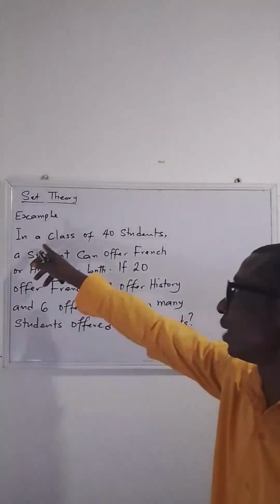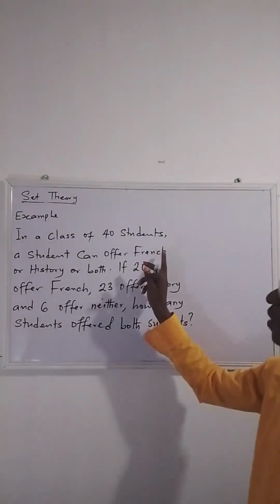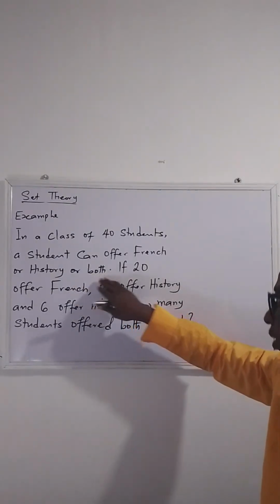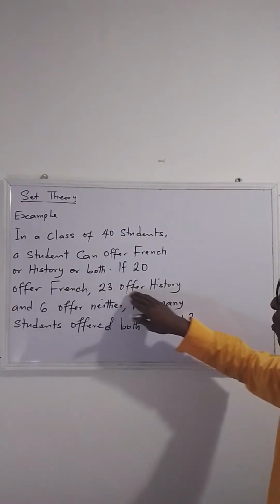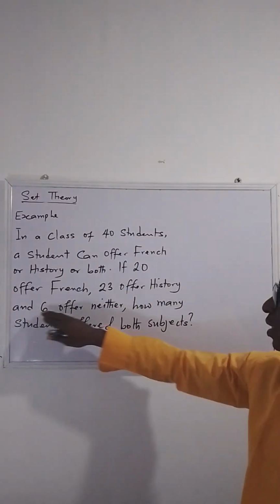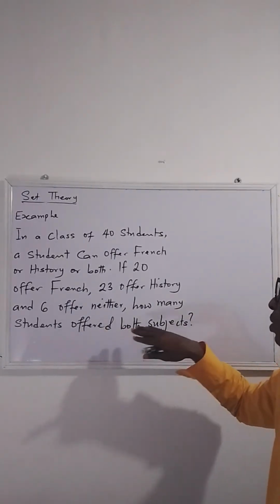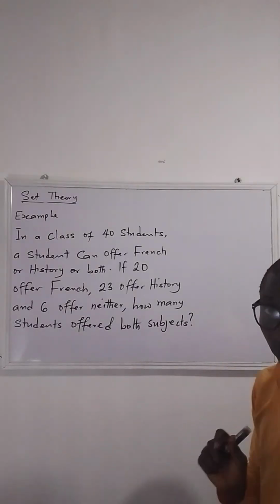Now let's look at the question. Now in a class of 40 students, a student can offer French or history or both. Now if 20 offer French, 23 offer history, and 6 offer neither, how many students offer both subjects? All right, now when you look at this question, we need to understand the question now.